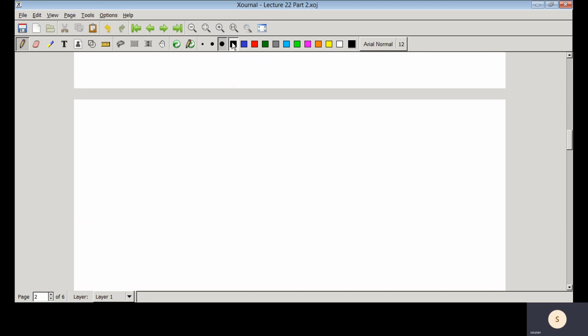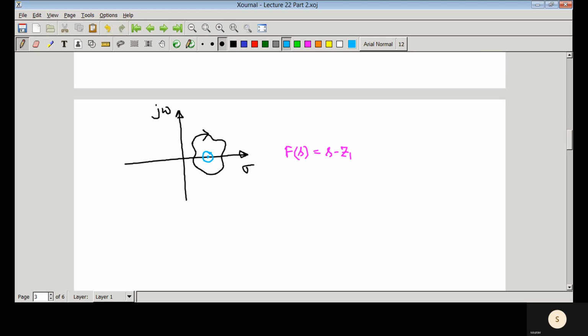Then let us see the other cases. Suppose we have the sigma j omega plane, that is the S plane, and we have taken a function F(s) equal to s minus z1, but here suppose this is the contour, with clockwise direction, and here you can see the difference is that the contour encircles the zero.